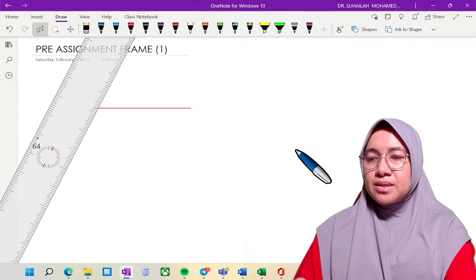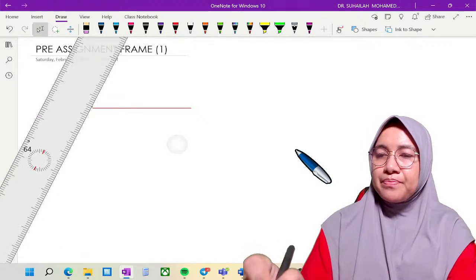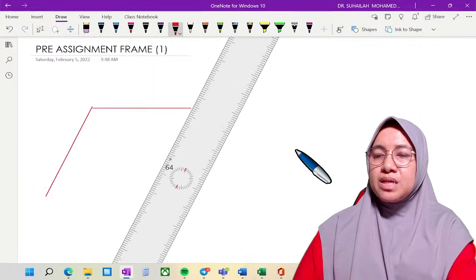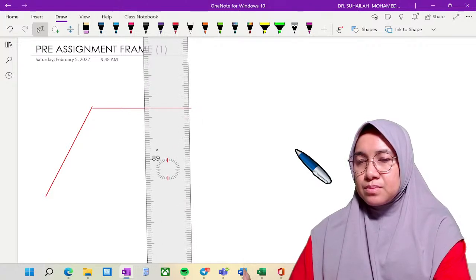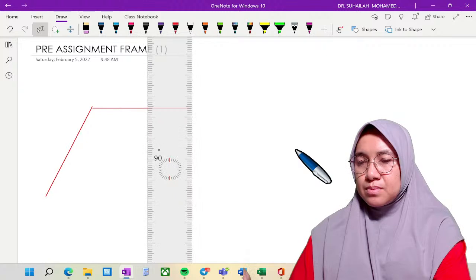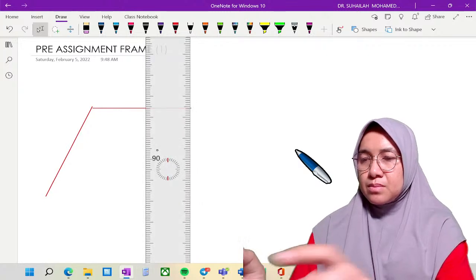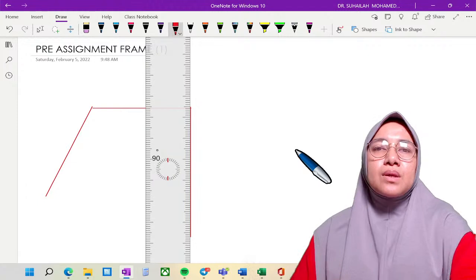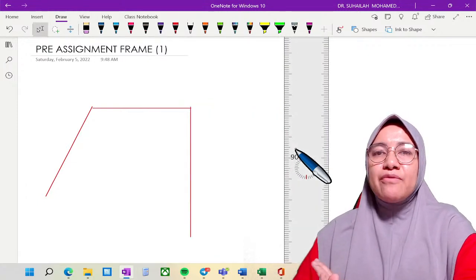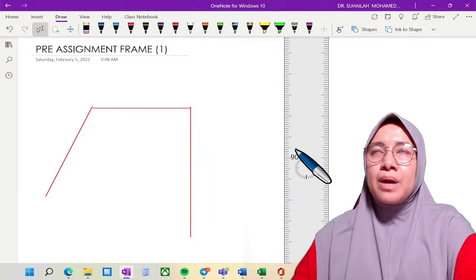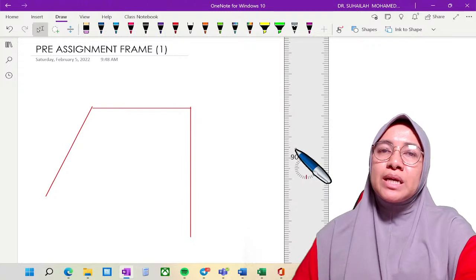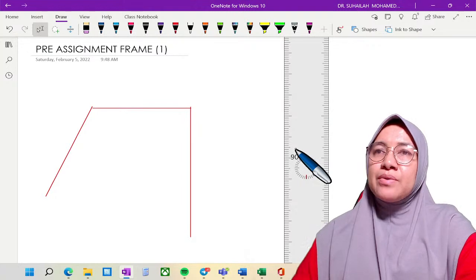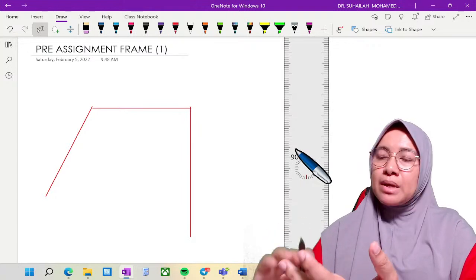Okay, for example, if we have this frame, we have to identify, as I mentioned in my previous video, that in a frame with one inclined column, we have to have one triangle: the relation between delta 1 prime, delta 2 prime, and delta 3 prime.